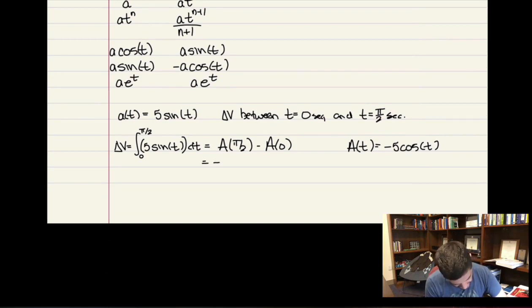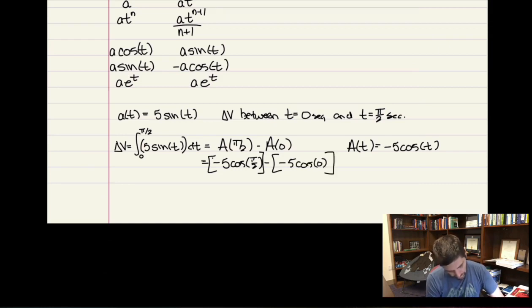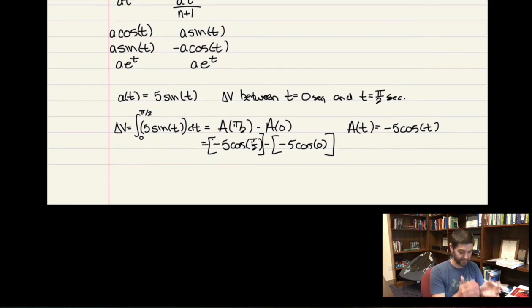So then this becomes minus 5 cosine of pi over 2 minus, I'll put brackets so we can keep track of our negative signs, minus bracket negative 5 cosine of 0. Because you gotta be careful, it's endpoint minus starting point, but the starting point itself has its own minus sign.